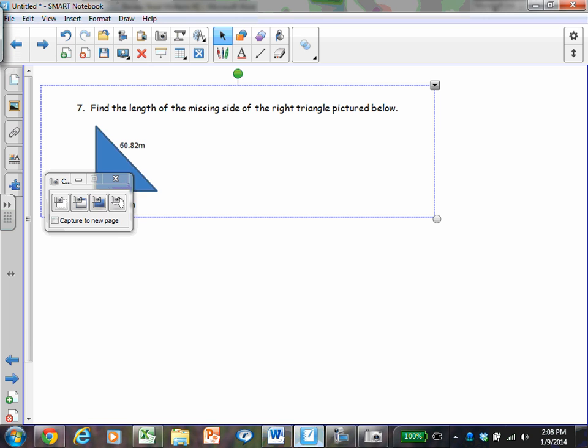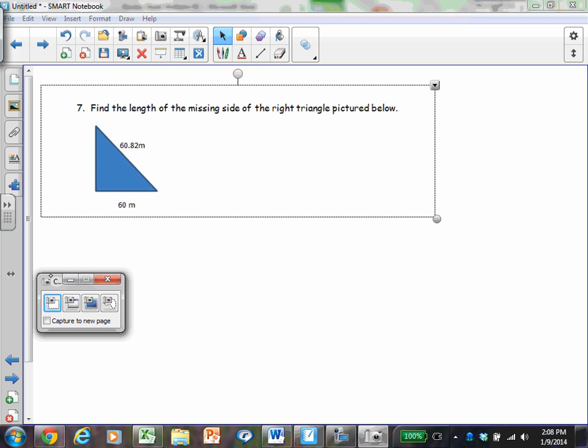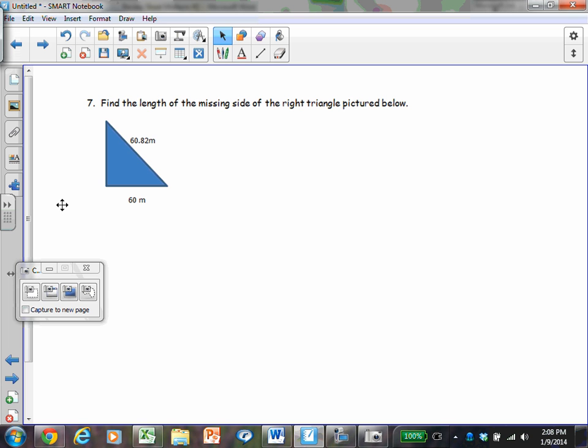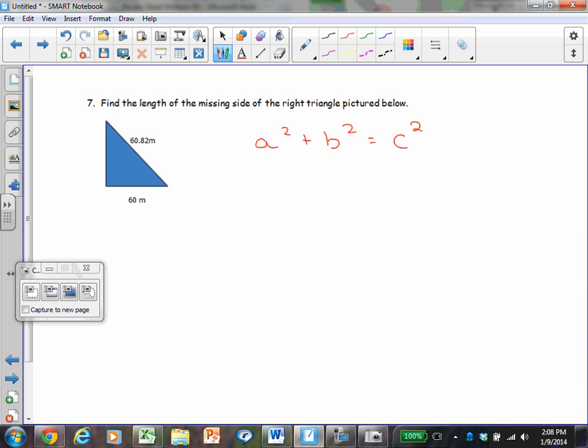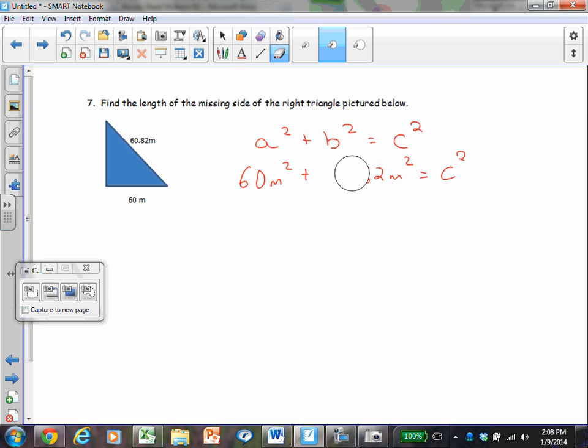Find the length of the missing side of the right triangle. Some of you have done this for multiple years. Some just learned this year. But you all know how to do a squared plus b squared equals c squared, right? So that would be 60 meters squared plus 60.82 meters squared, right? No, that's not right. So that happens.